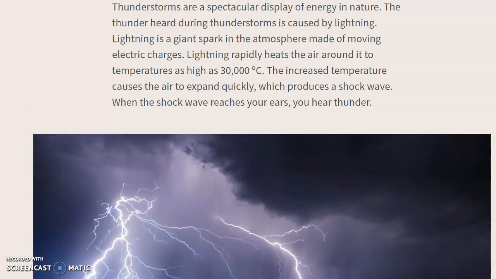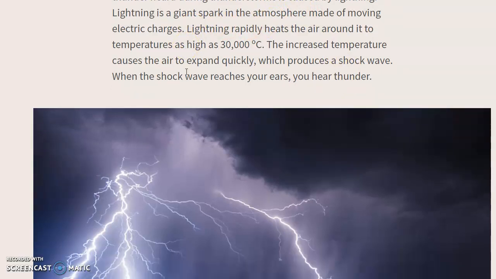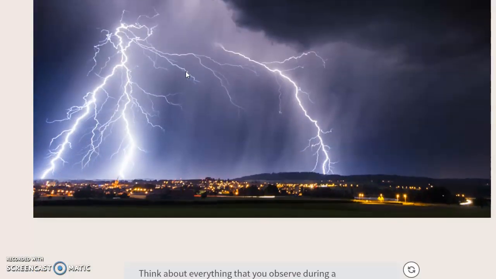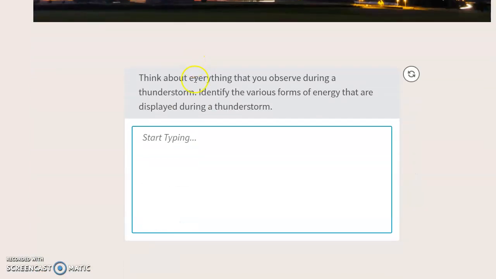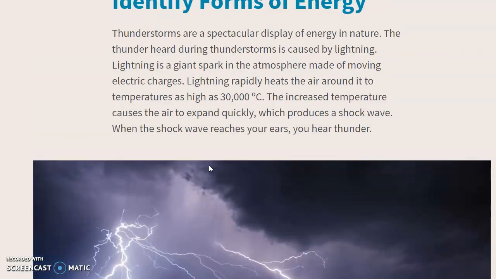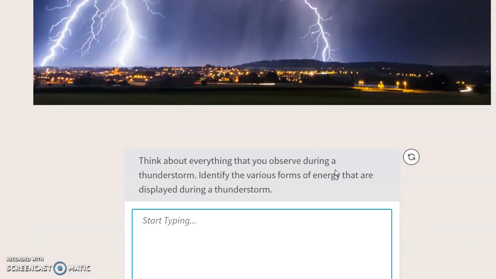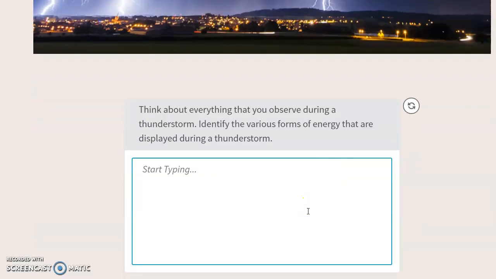A thunderstorm has lightning, that's electrical, heats the air, which expands, and sound reaches your ear. So there are 3 different types of energy if you heard that in there: electrical, thermal, that's the heat, and sound.